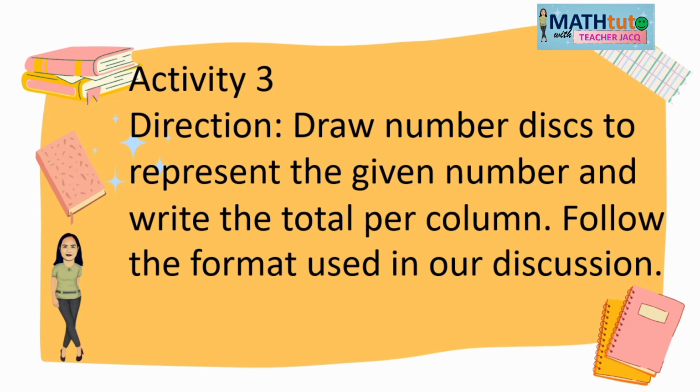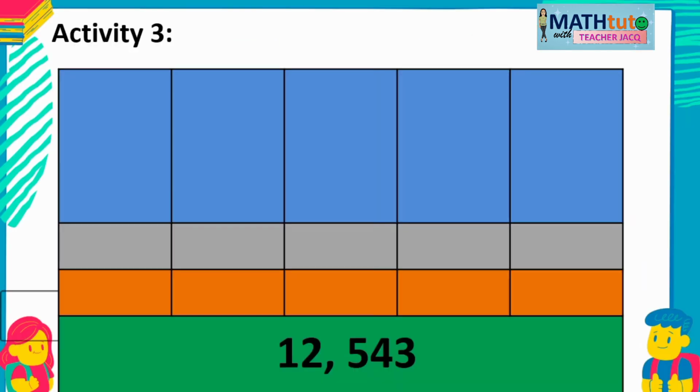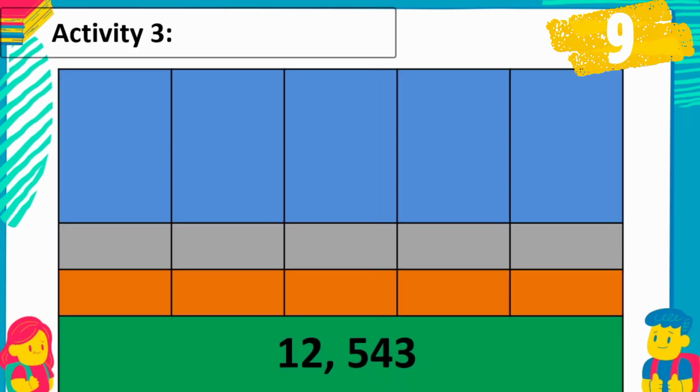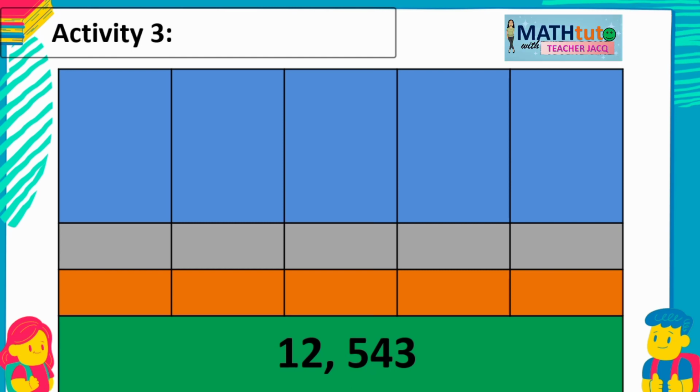Let's do the activity number 3. Draw number disks to represent the given number and write the total per column. Follow the format used in our discussion. Are you done?